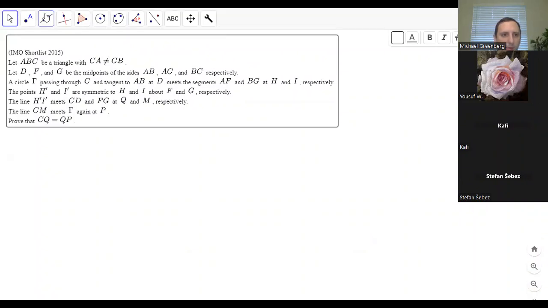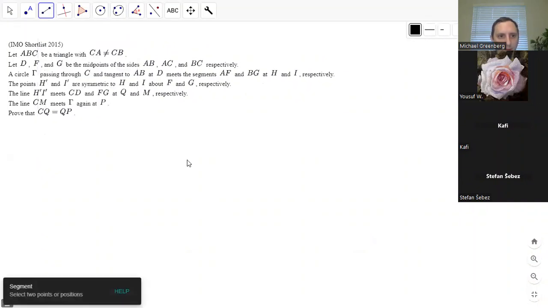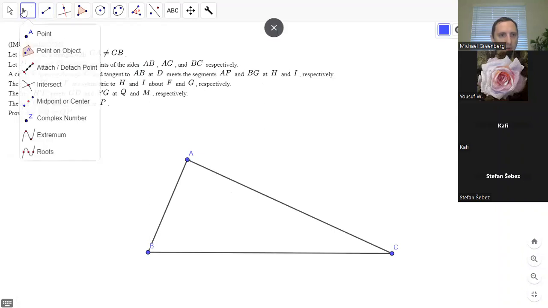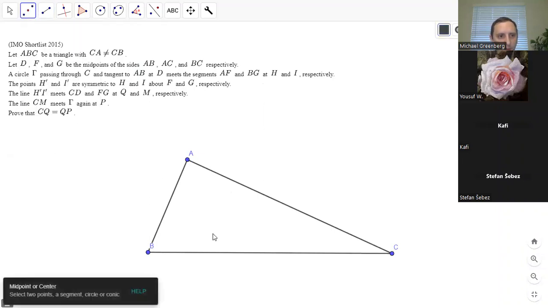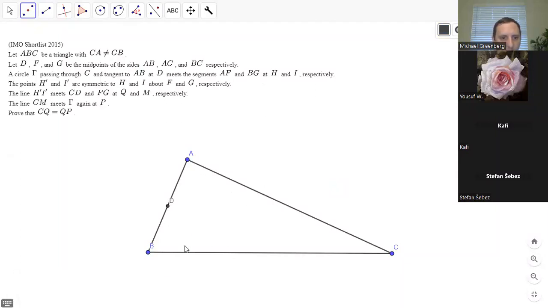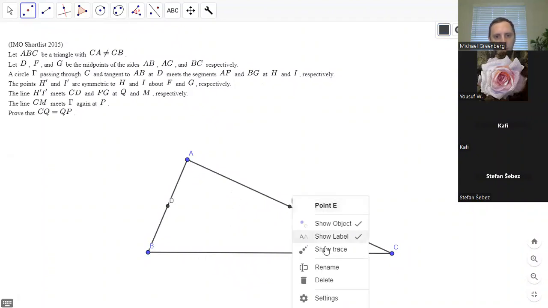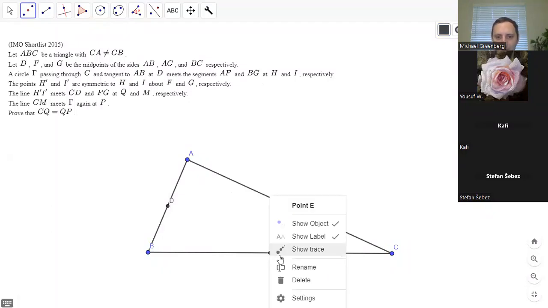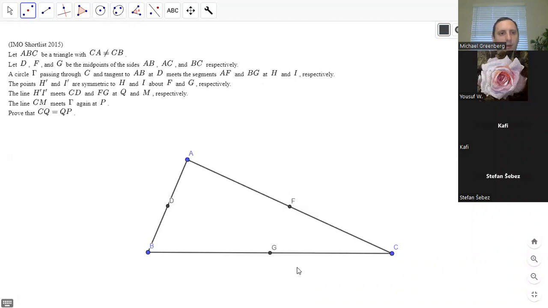And then we draw the midpoints of the sides. And then E, F, and G. It's interesting that they don't say E. So D, F, and G. I don't know why they don't like E, but okay. Can we draw a circle through C and tangent to AB at D?